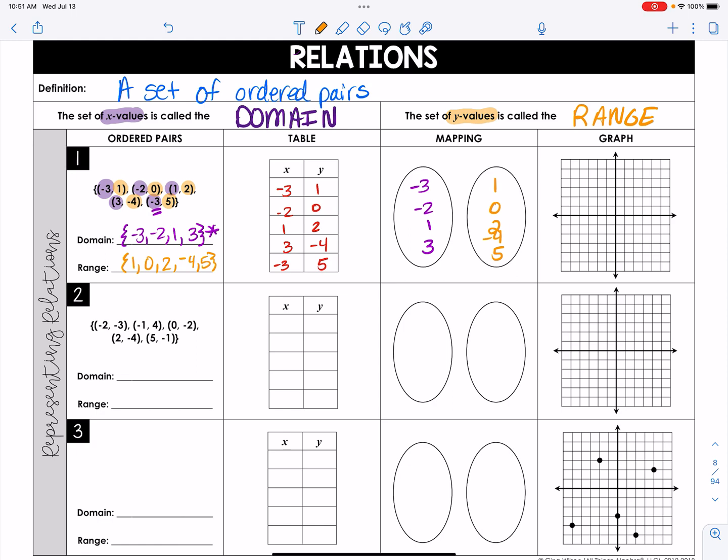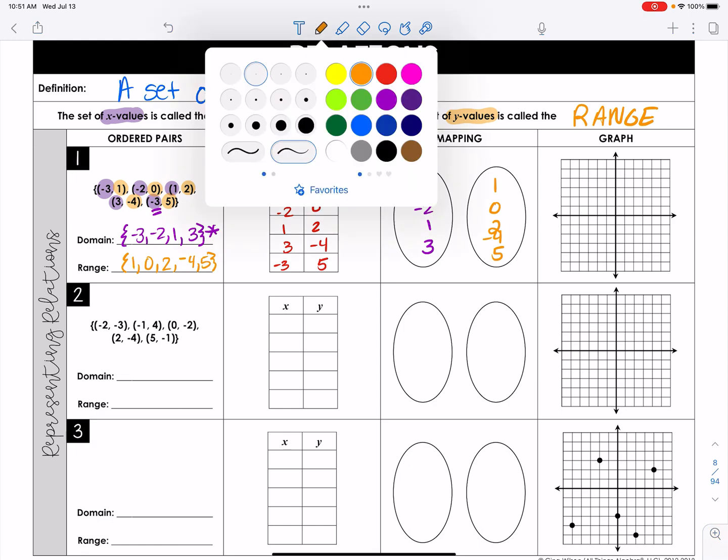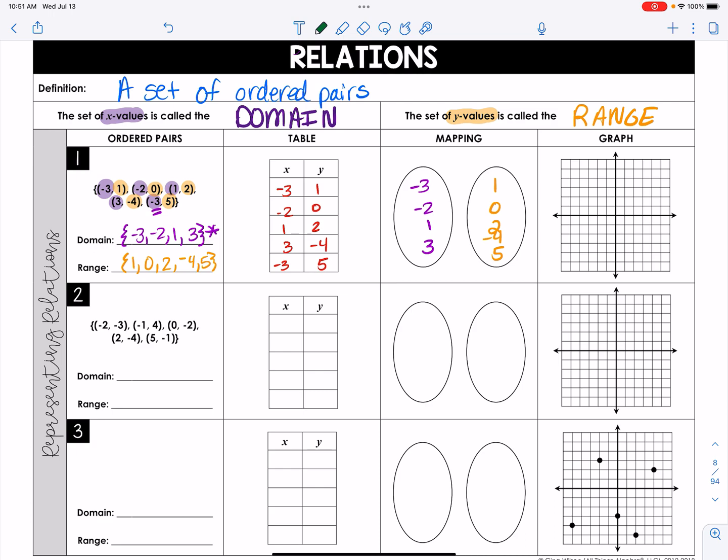Okay, and then you're going to map it. So you're literally just going to take and connect them. -3 goes with 1, -2 goes with 0, 1 goes with 2, 3 goes with a -4, but -3 also goes with a 5. So you have 2 coming out of there, which is going to be important to us as we move along.